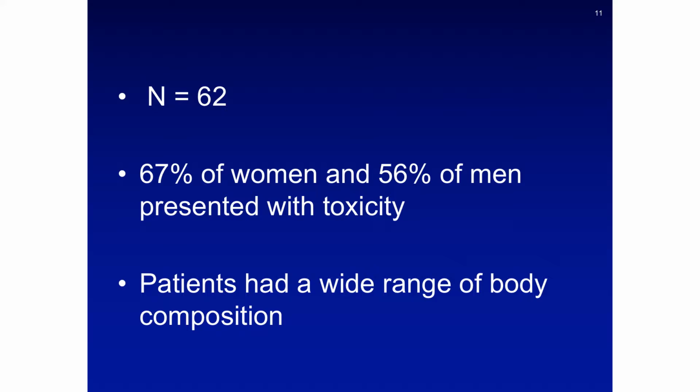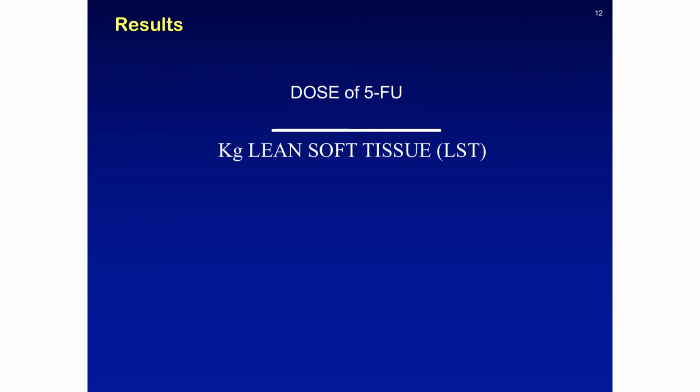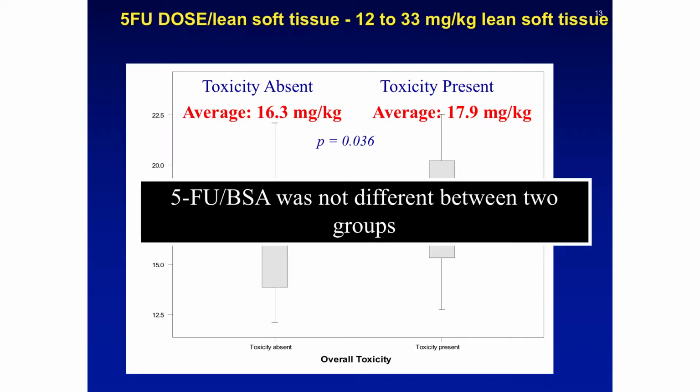Their body composition was all over the place. When we looked at the absolute dose of 5-FU that they received per kilo of lean soft tissue, we found that the patients who had toxicity had on average a higher dose of 5-FU. And we found that body surface area, because that's how it was dosed, was not predictive whatsoever of the toxicities.